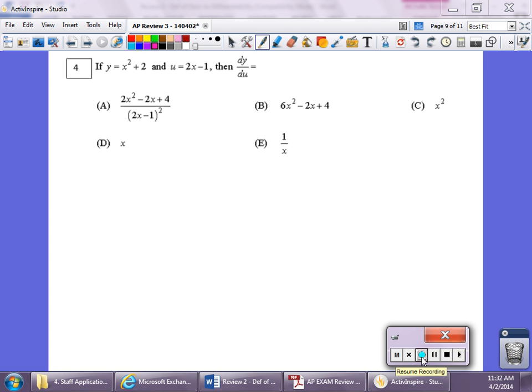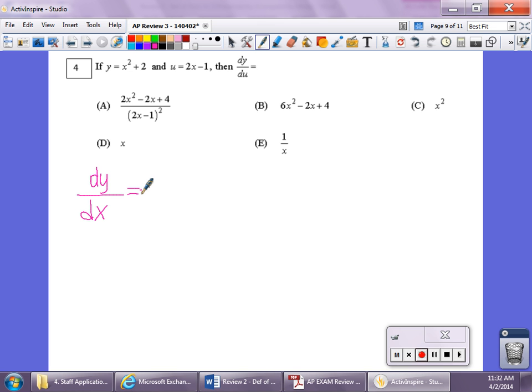So differential notation says that if I want to find the derivative of y, it's with respect to what? There's no u. So the differential for the derivative would be with respect to x.